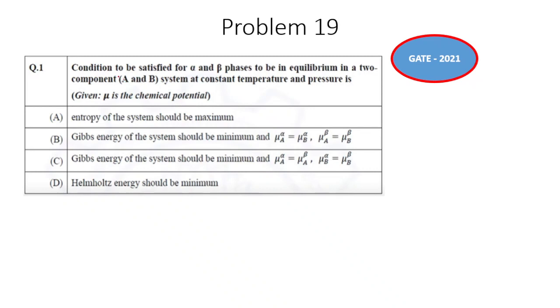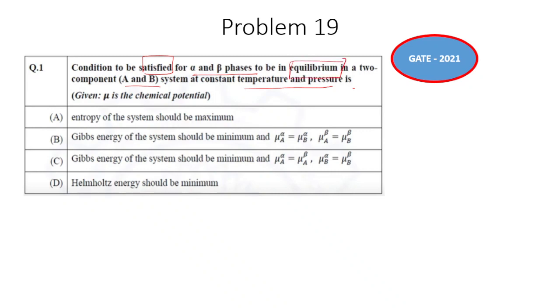Okay, we'll just see this one and then we will finish. The condition to be satisfied for alpha and beta phases to be in equilibrium in a two component system, AB, at constant temperature and pressure. The question actually asked is the condition to be satisfied for equilibrium.